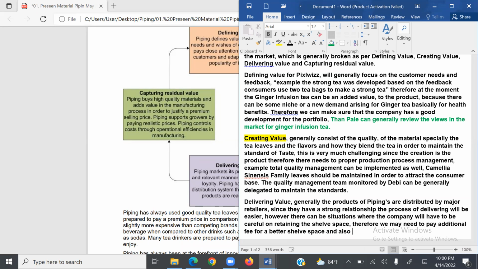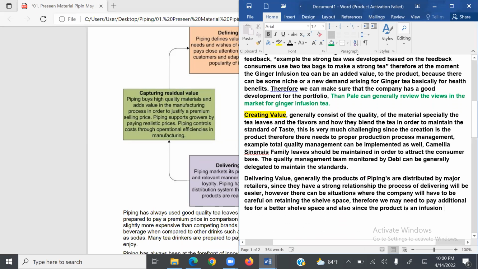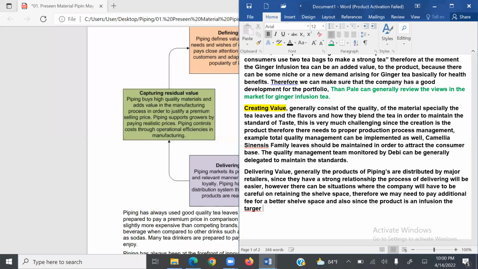And also, since the product is an infusion, it's not the main product, it's an infusion. The target market will be less compared to the black tea.